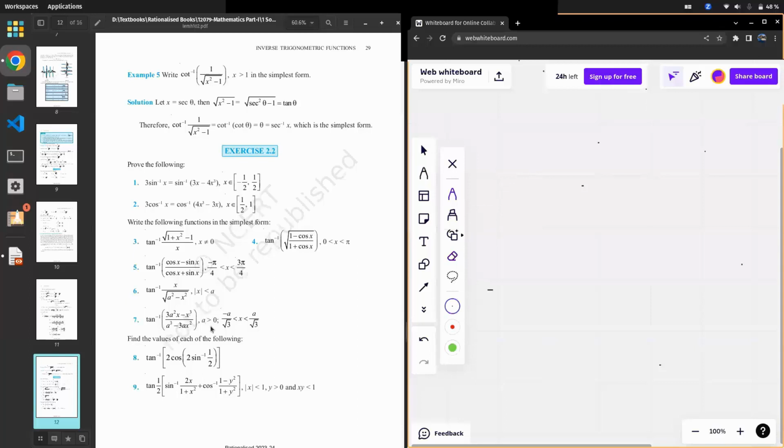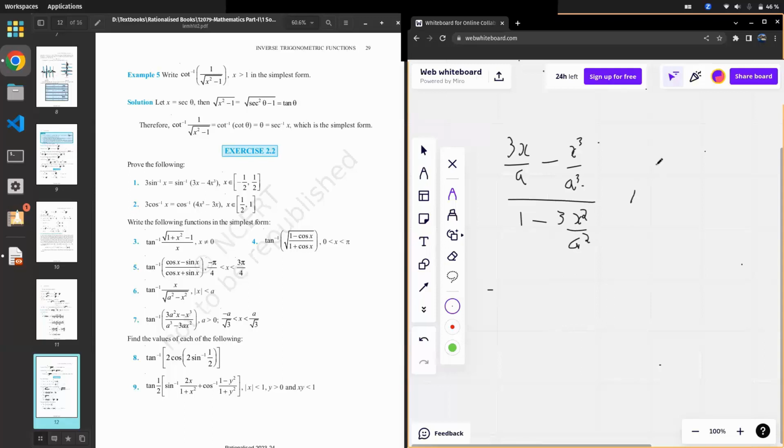So first we divide both the numerator and denominator by a cube. After dividing, we will get the numerator as 3x by a minus x cube by a cube, divided by 1 minus 3 x square by a square.